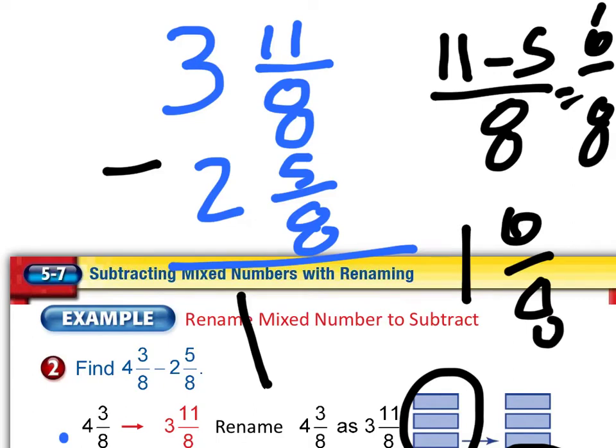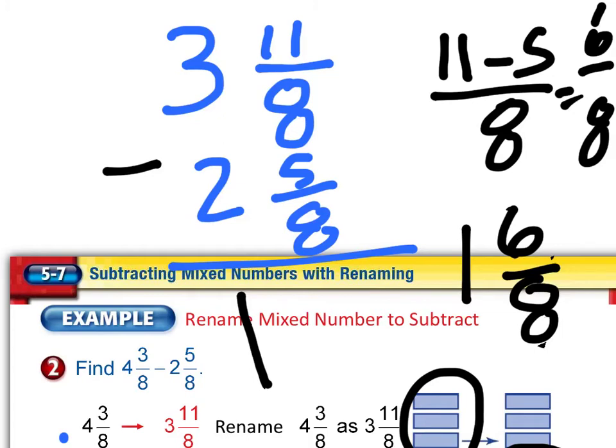Let me erase that and rewrite that a little bit better. One and 6/8. I look at that and I realize that the numerator and the denominator are both even, so they must not be in simplest form.